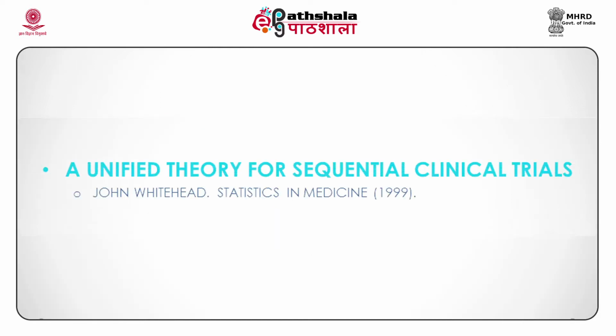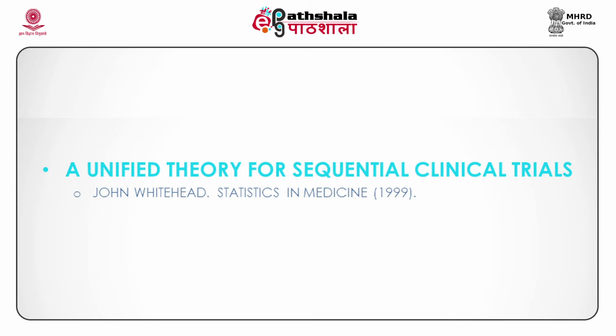The material in this module is largely based on the paper by Whitehead, which appeared in Statistics in Medicine in 1999 and is titled A Unified Theory for Sequential Clinical Trials.